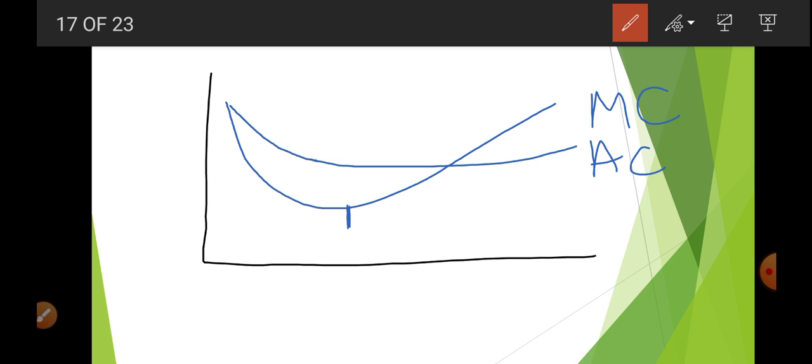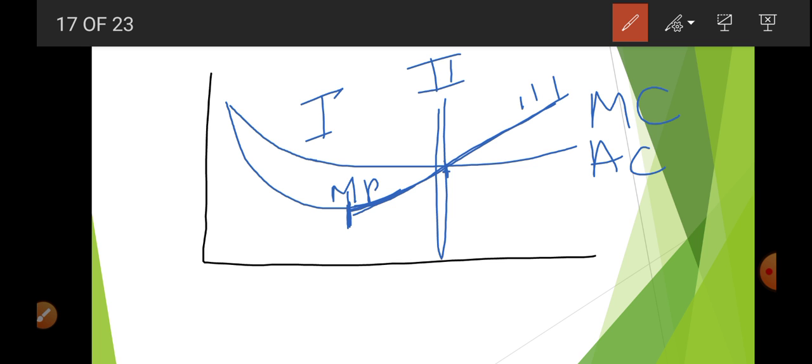You can see till this point MC is at its minimum point, and here it is its minimum point. After this minimum point, MC starts to increase, and if we divide, this is first, this is the second, and this is the third.